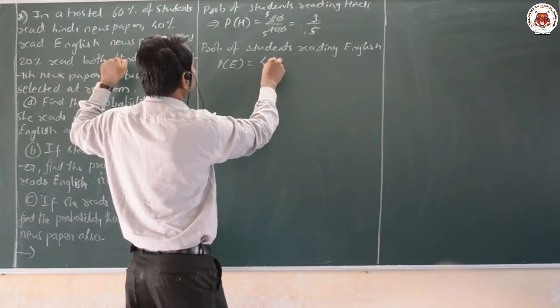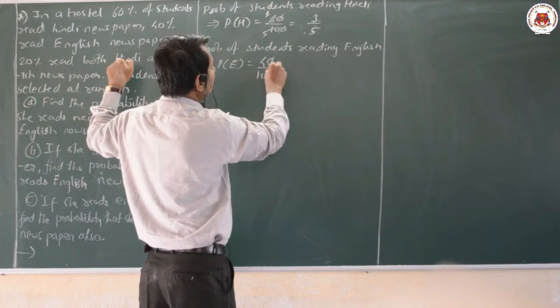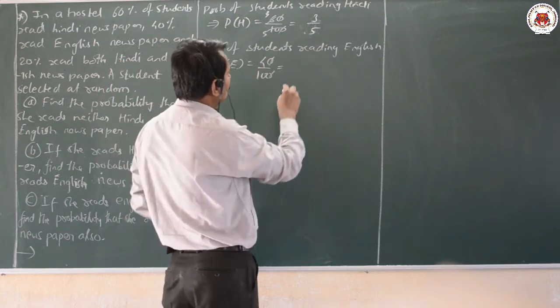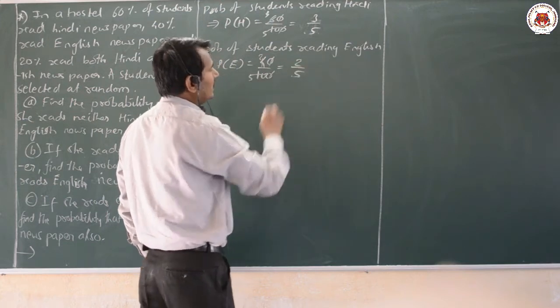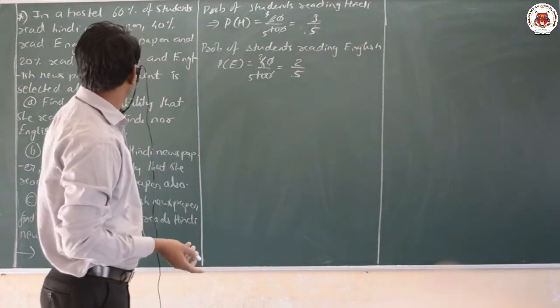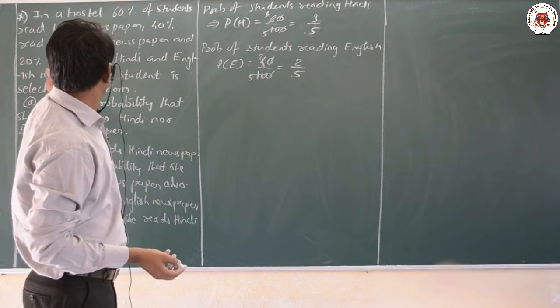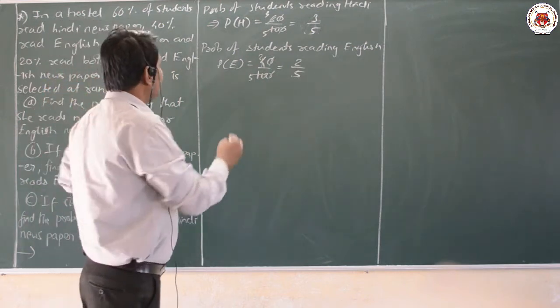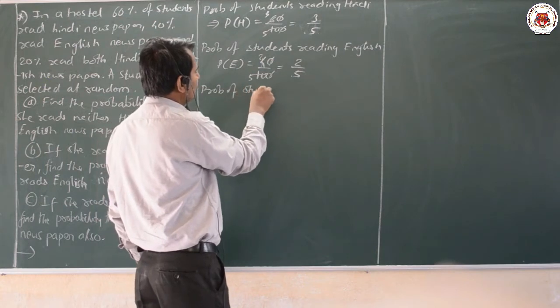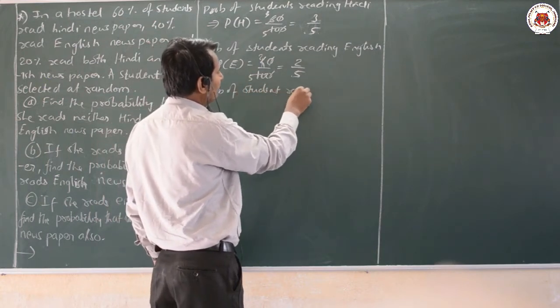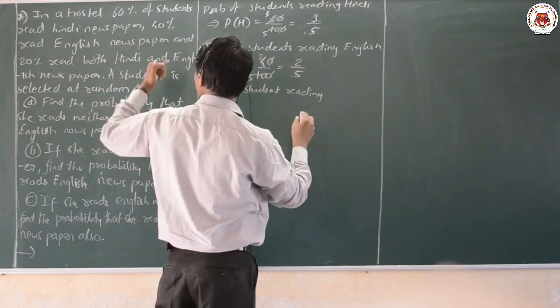That is 40% divided by 100. So here 0 0 get cancelled. So here 2 2s are 4, 2 5s are 10. That means the value is 2 by 5 here. And the last one, 20% read both English and Hindi here. That is the probability of students reading Hindi and English.